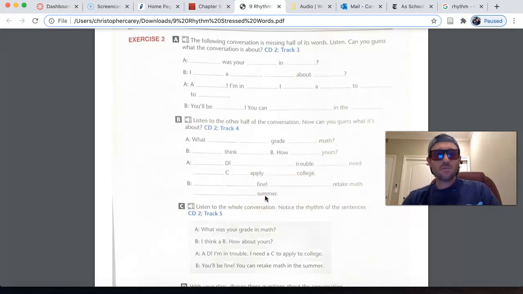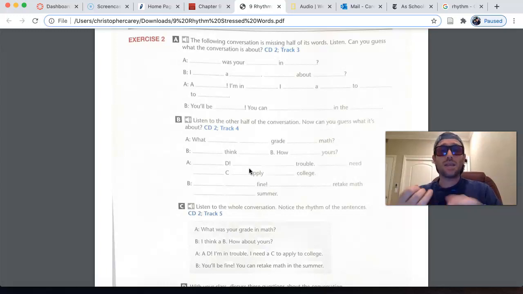Now, what's the difference between the words in part A and the words in part B? What type of words are we provided in part A? And what type of words are we provided in part B? Now, when I say type of word, we're referring to part of speech.